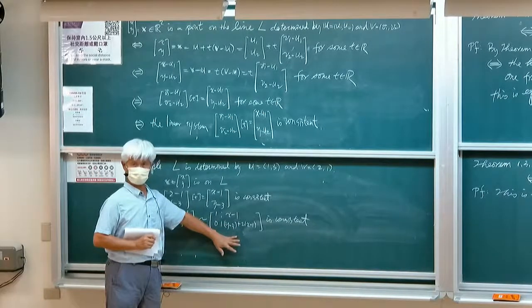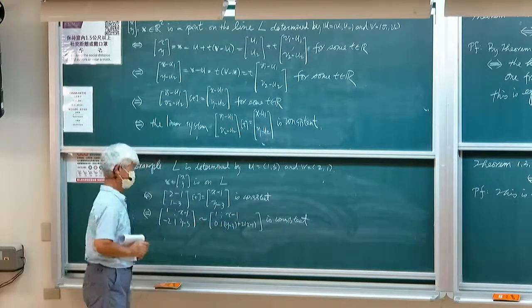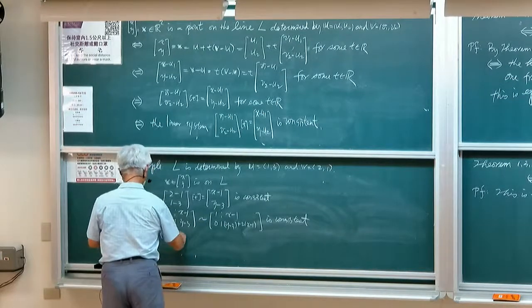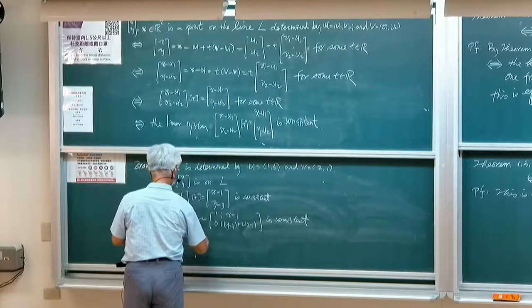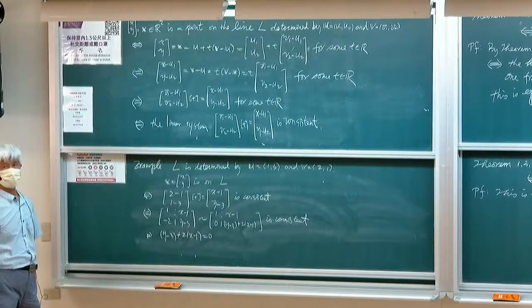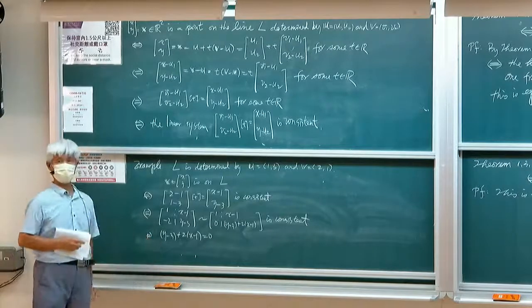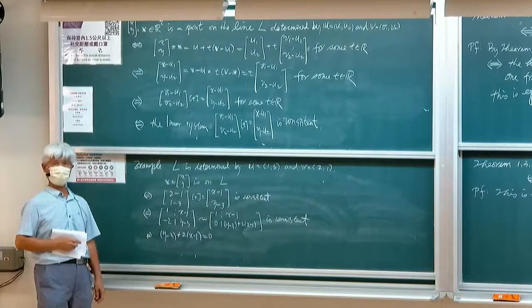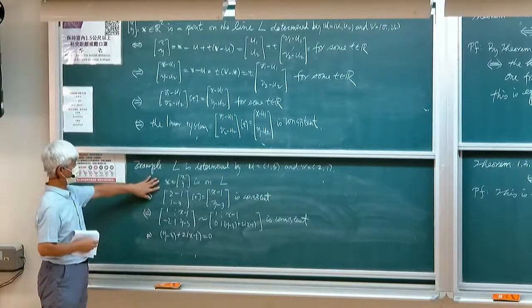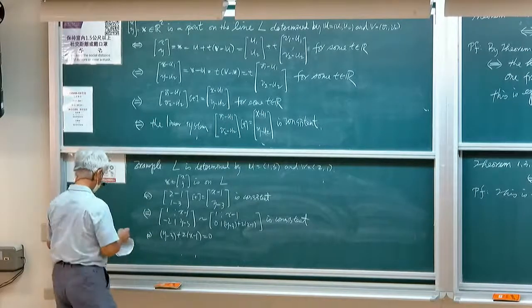By using row operations, we eliminate this entry by multiplying the first row by 2 and adding it to the second row. Now, this augmented matrix is consistent if and only if this entry is 0. So if and only if y minus 3 plus 2 times (x minus 1) is 0. So we end up with an algebraic equation to describe the line L. From the parametric representation, we end up with an equation.